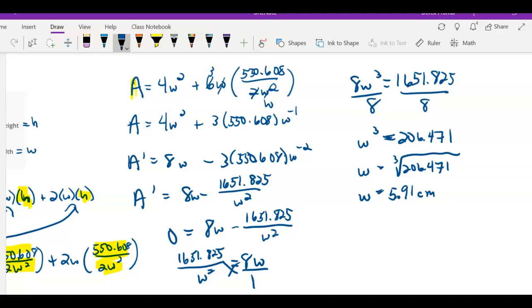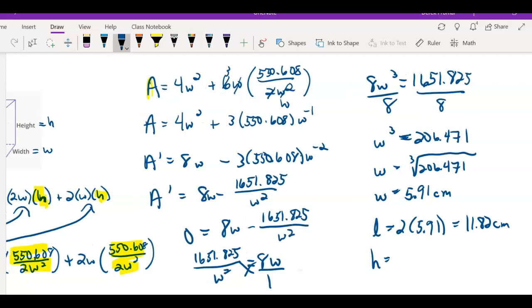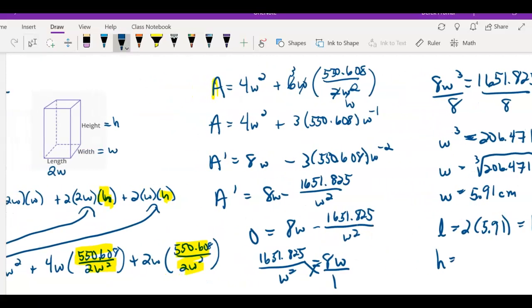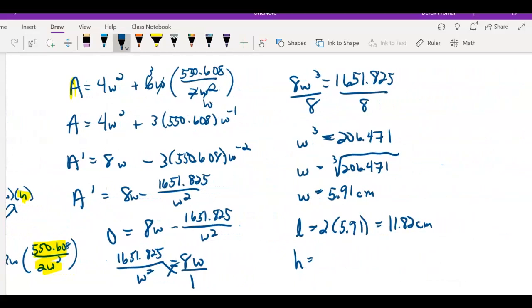Now, that's just one dimension. I need to figure out the other dimensions. So the length is going to be 2 times that. And the height is going to be based off of that constraint equation, the 550.608 over 2 times my w value squared.